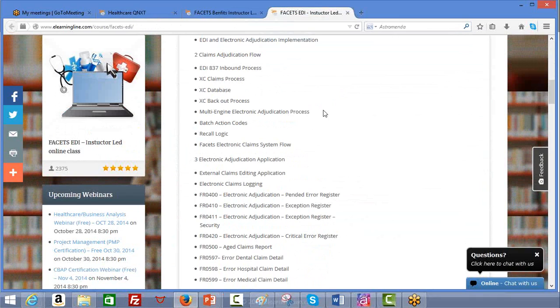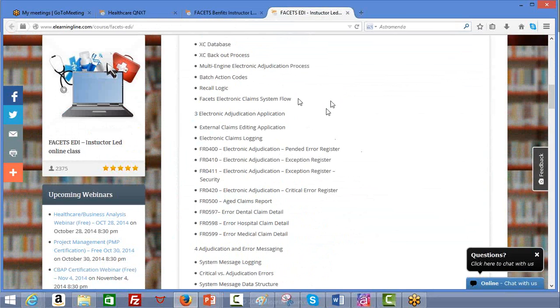Multi-engine claim adjudication processes: some of the things will sound French at this point, but when we start learning the topics, everything will open up so that you are able to grasp these terms and terminology. This is exactly what is asked in more specialized job interviews where they ask for skill set in terms of Facets or some software. These types of questions you can expect, and all of these things are discussed as part of the training as well.